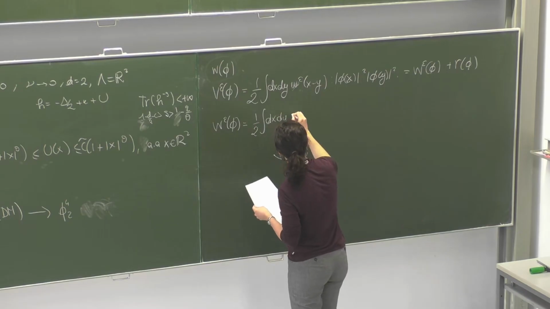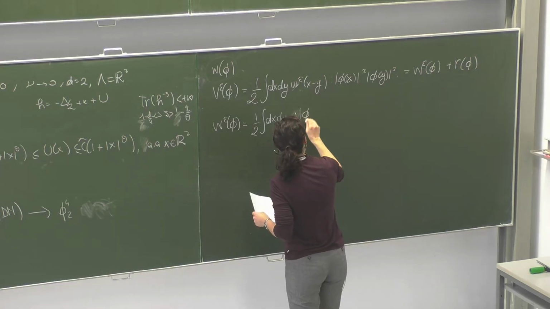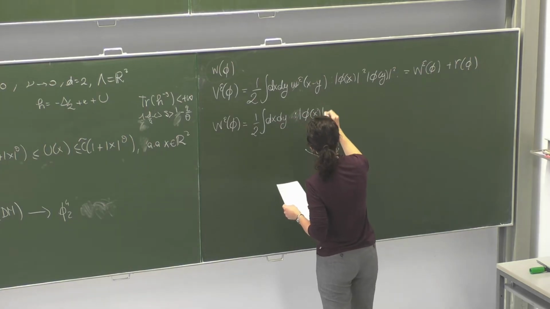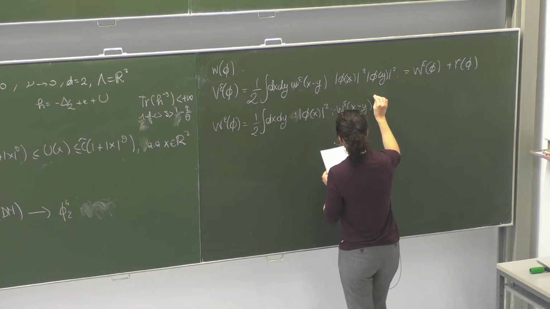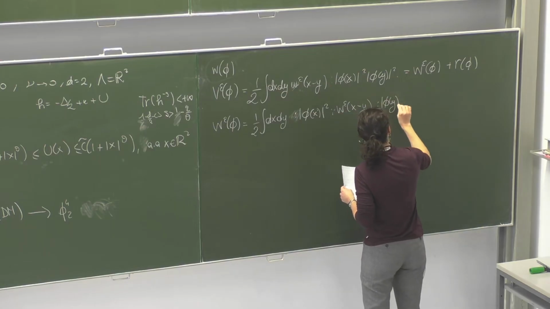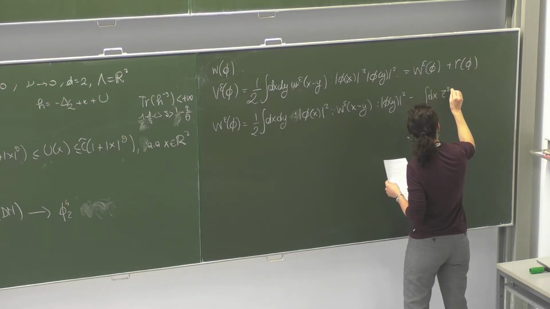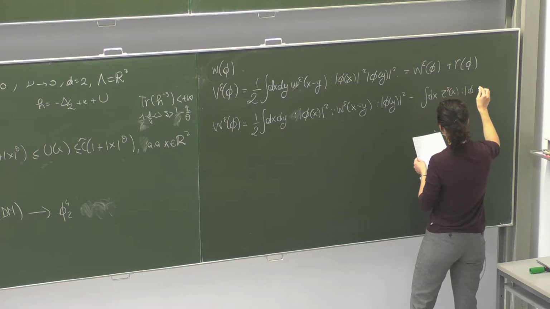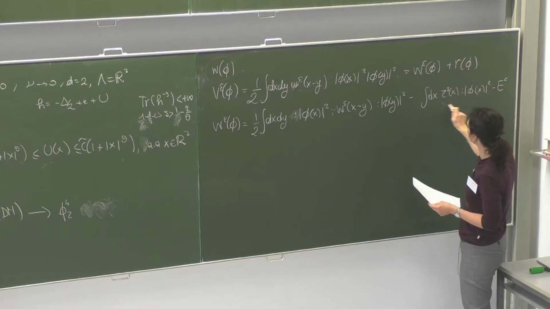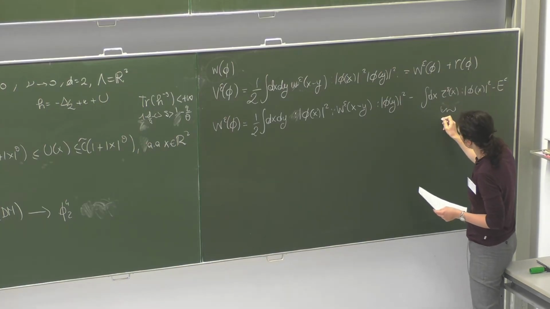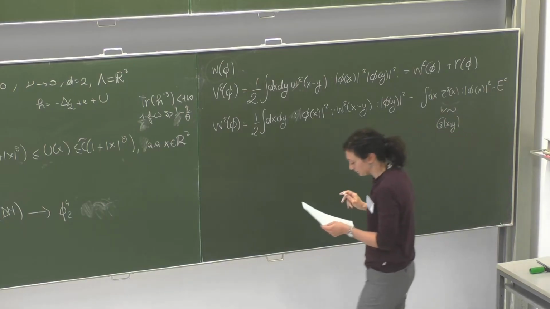It's something that we can prove, correlation function converge to minus, okay. And this tau epsilon is an object which contains the Green function because it comes from the Wick ordering.